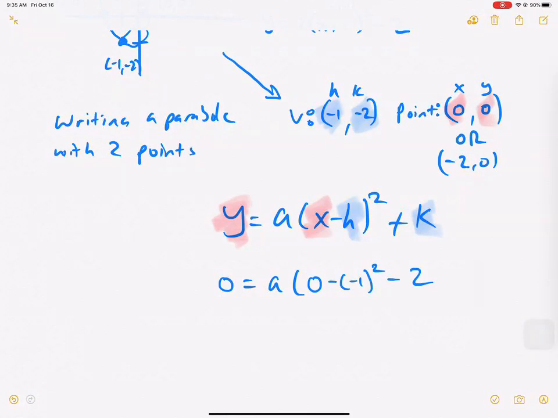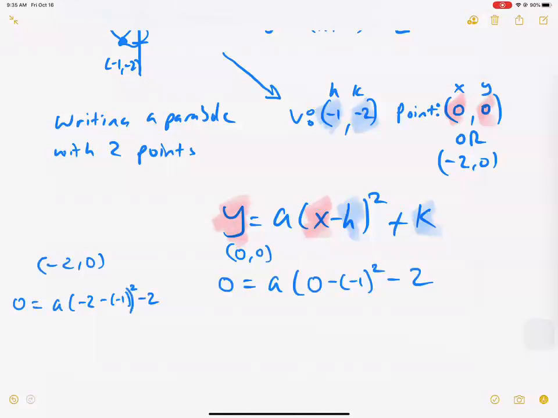I'm going to do the same problem on the left, this time with a point, -2, 0, okay? This is using point 0, 0. So I would write 0 is equal to a(x, whoops, not x, -2 minus -1) squared minus 2. Let's see if it gives us the same exact answer.